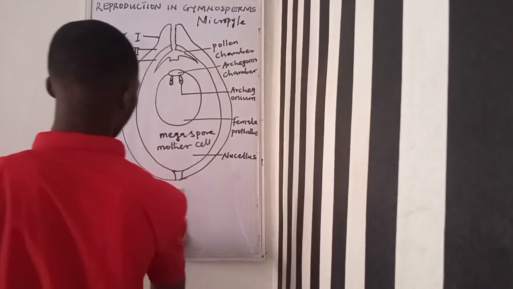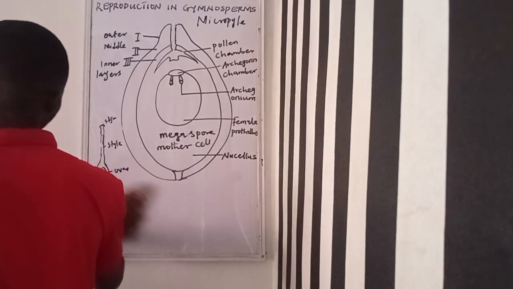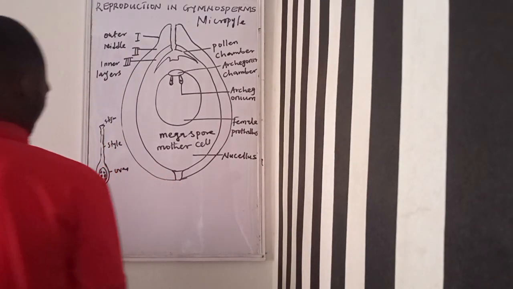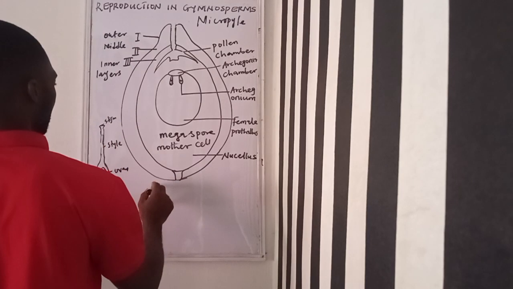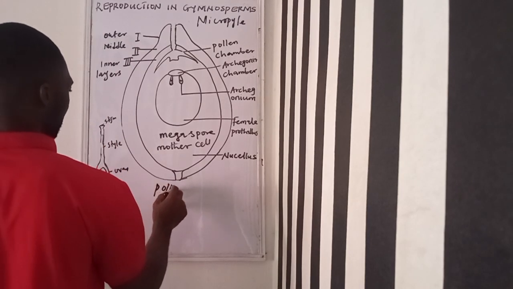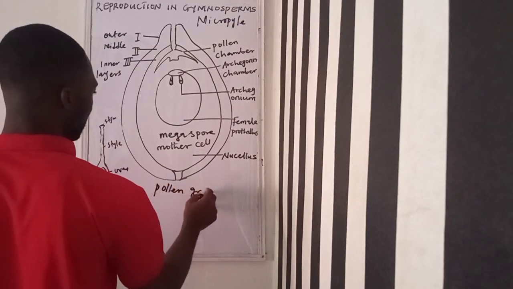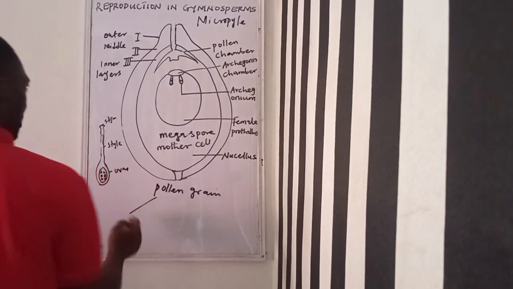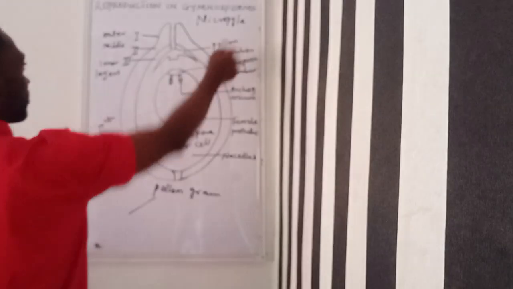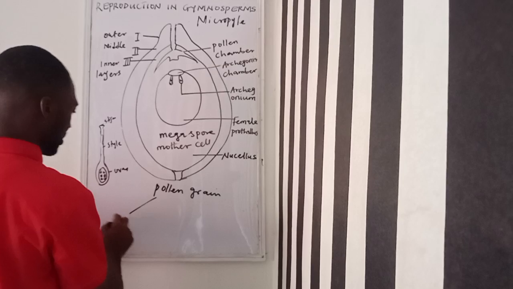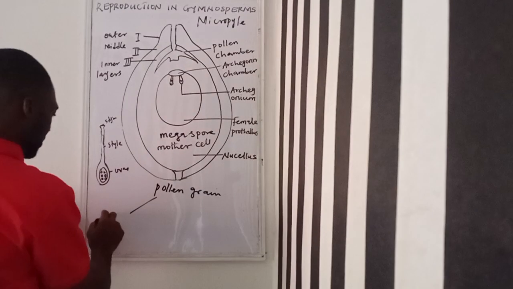By the time the pollen grain is drawn within the pollen chamber, it quickly divides into three different types of cell.